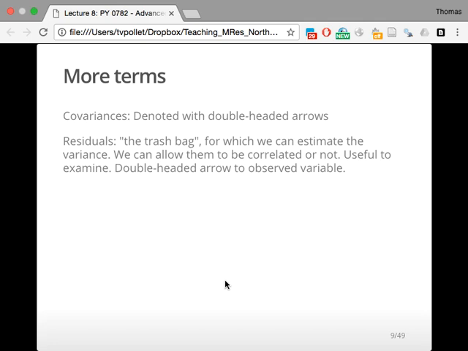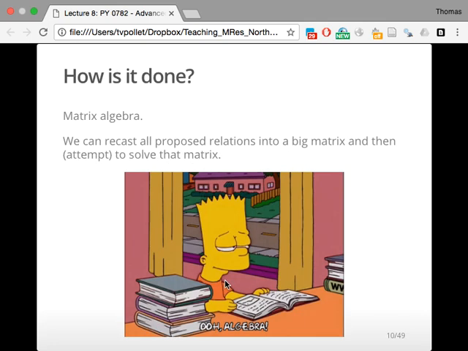Sometimes people use a single arrow to the observed variable, but it's always to the observed variable. Depending on which package you use, we'll have double-headed arrows. I'll give you some examples. Lisrel uses a single-headed arrow, and lavaan and semPlot, which we use, will use double-headed arrows. It will become clear when we run through some examples. So those are key components of these graphical models.